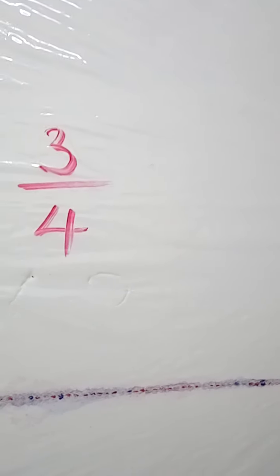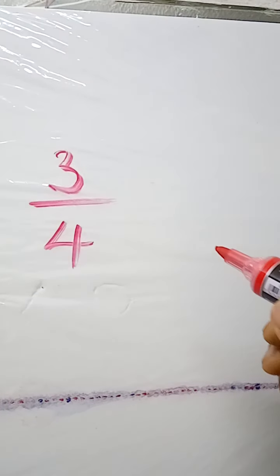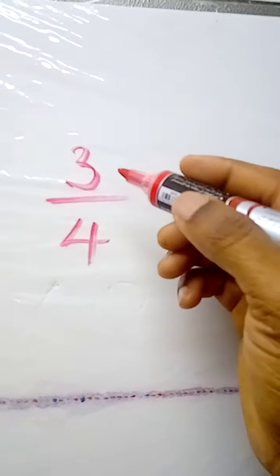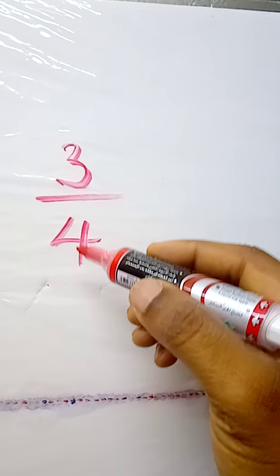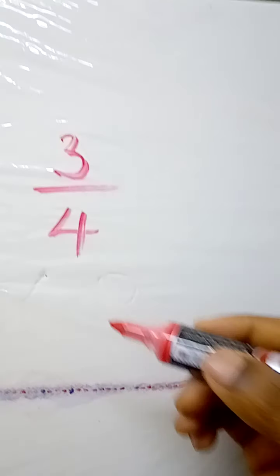And a fraction should be written so that the number on top is smaller than the number below. That is what we call a proper fraction.